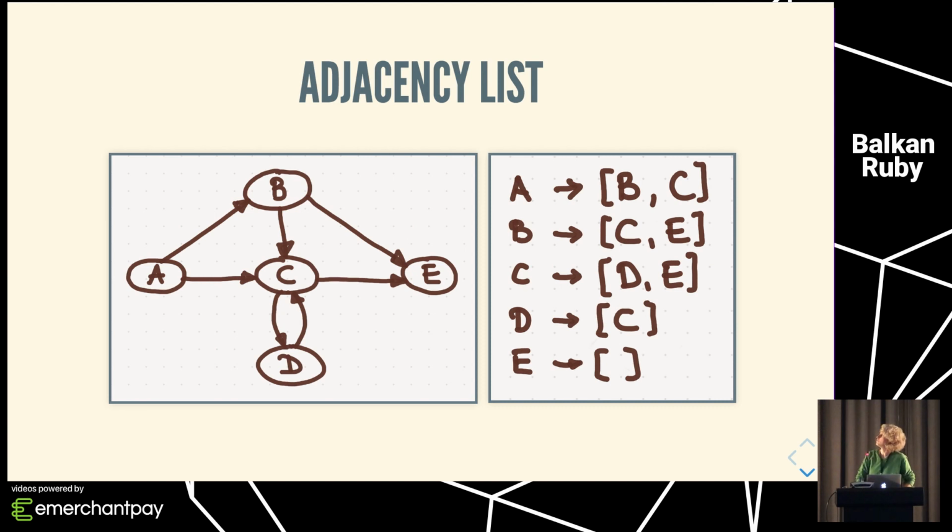And another way of representing it is using the vertices. For each one of the vertices, you assign a list of its neighbors, those that are related to the vertex.